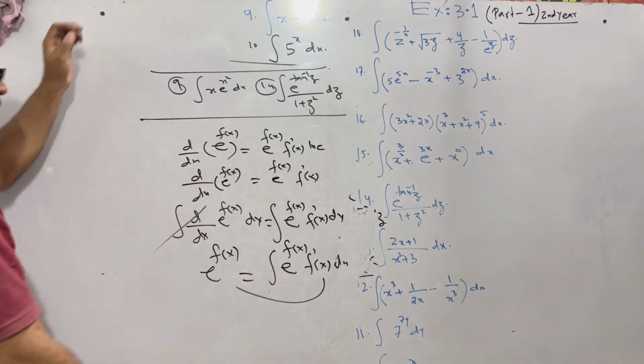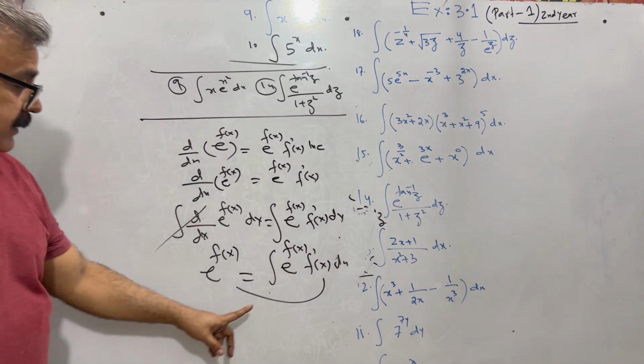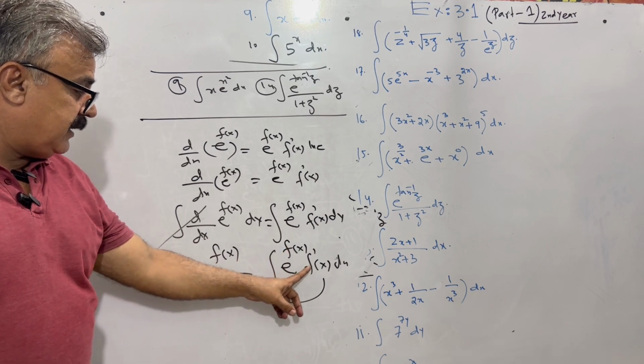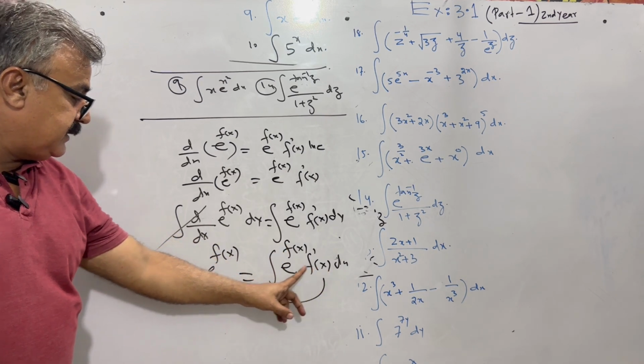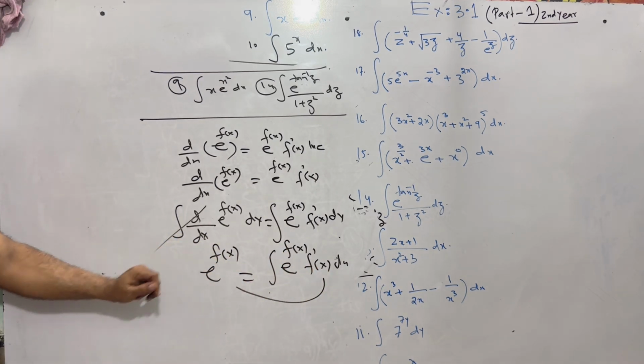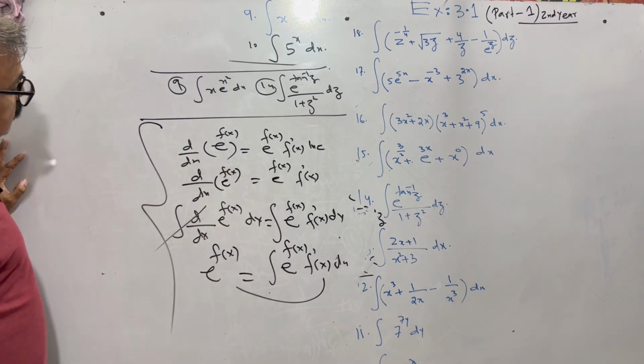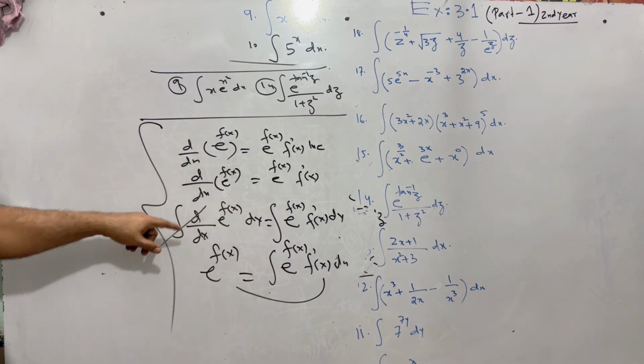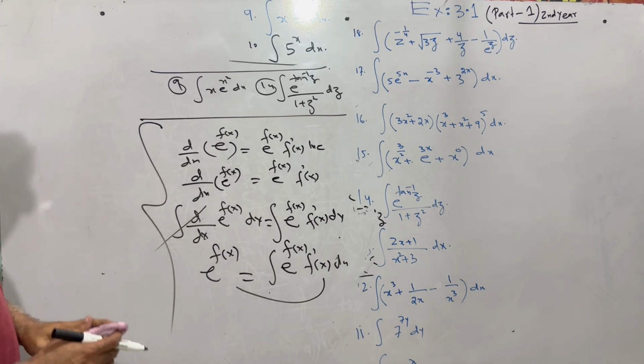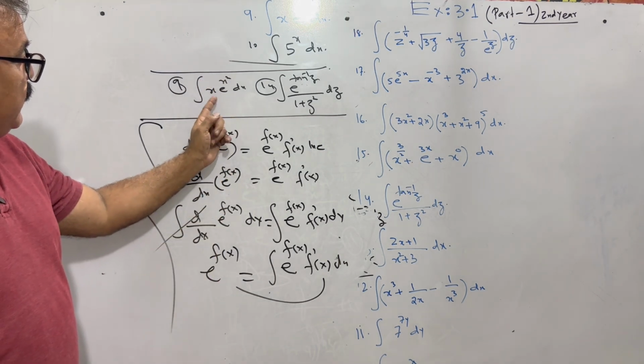By virtue of the definition, I used to call it base constant, power variable. Both situations are prevalent here.